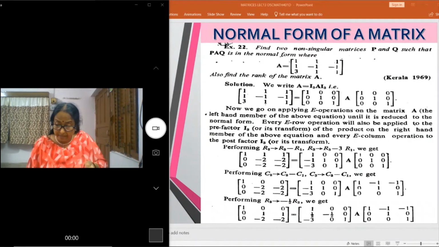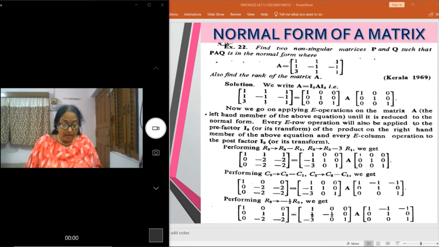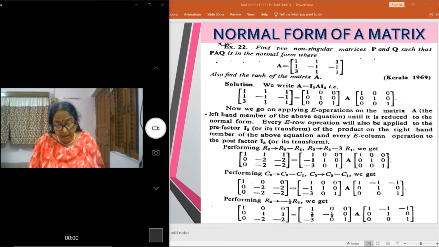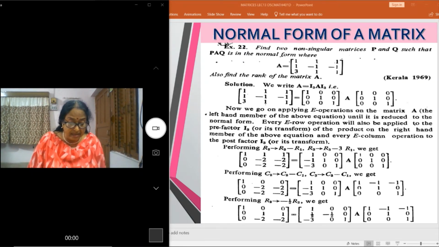Now, I am saying another example. Find the non-singular matrices P and Q such that PAQ is in the normal form. Now, A is given. Here we can see that A is a 3 cross 3 matrix.